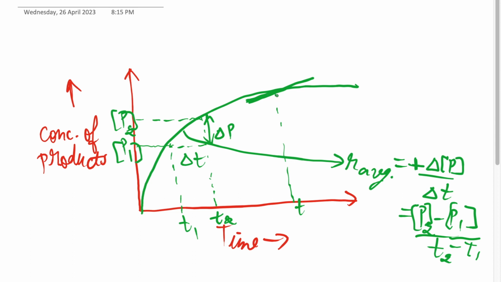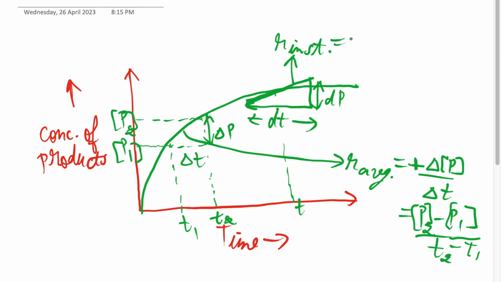This is the small time interval dt, infinitesimally small time interval, and this is dp. This slope will give us the instantaneous rate of a reaction.